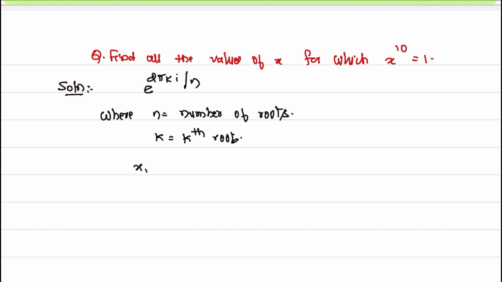The roots will be x1, x2, x3, x4, x5, x6, x7, x8, x9, and x10. The subscript is k, as the number of roots is equal to n.